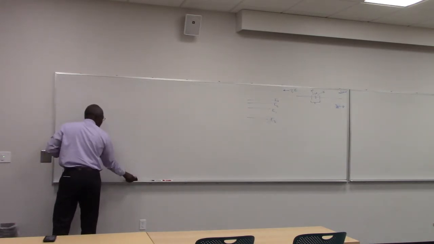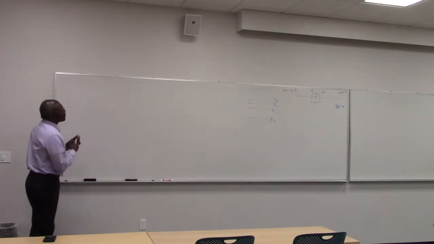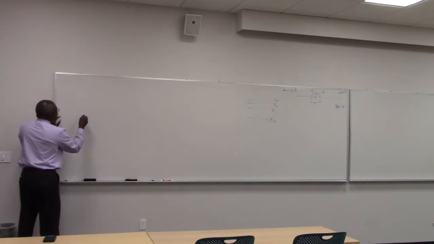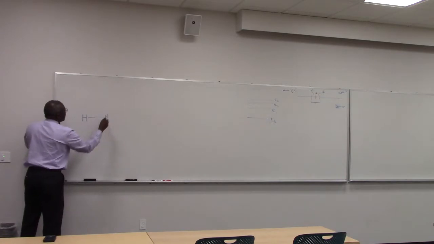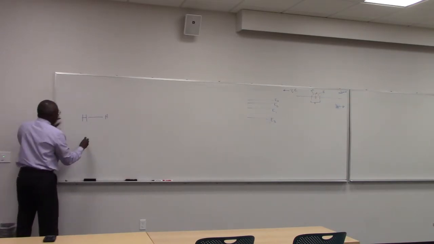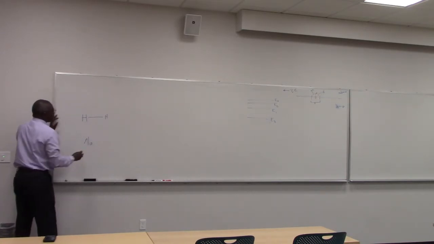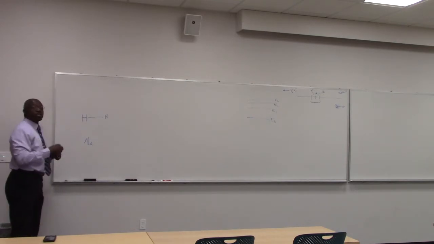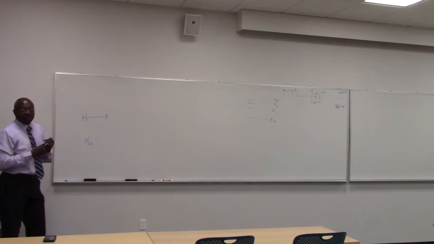We're going to look at what vibrations are allowed. So if I look again at the HH molecule, or I look at the sodium atom, and I ask for vibrational spectroscopy of those things.